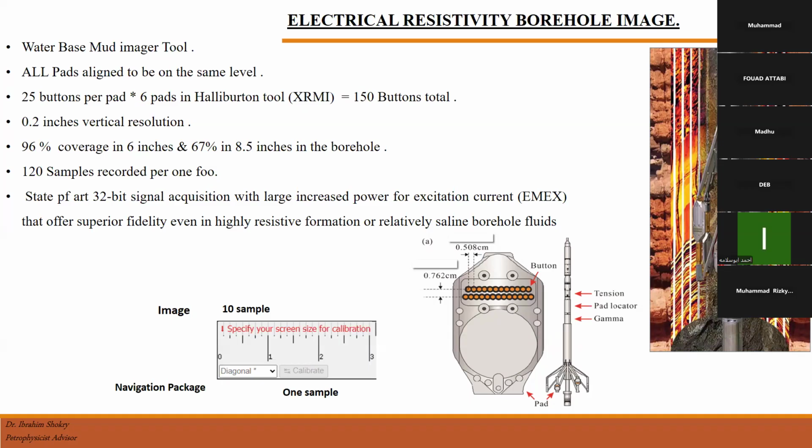This tool records uplog, and it is mandatory to be in good contact, or good coupling, with the formation. So the pads are opened and pressed against the formation with a certain pressure.